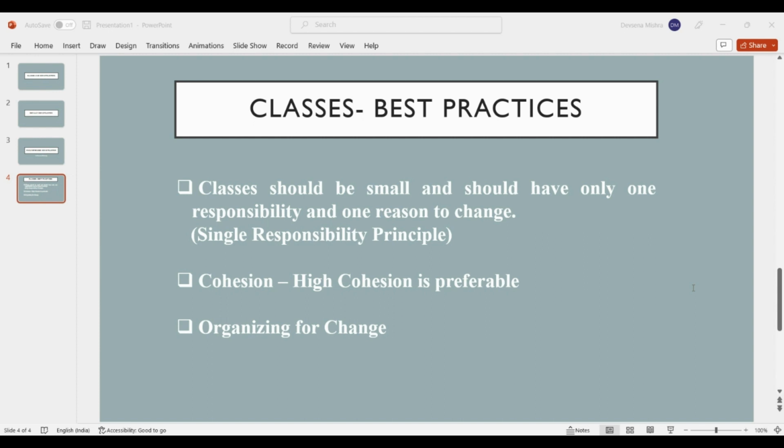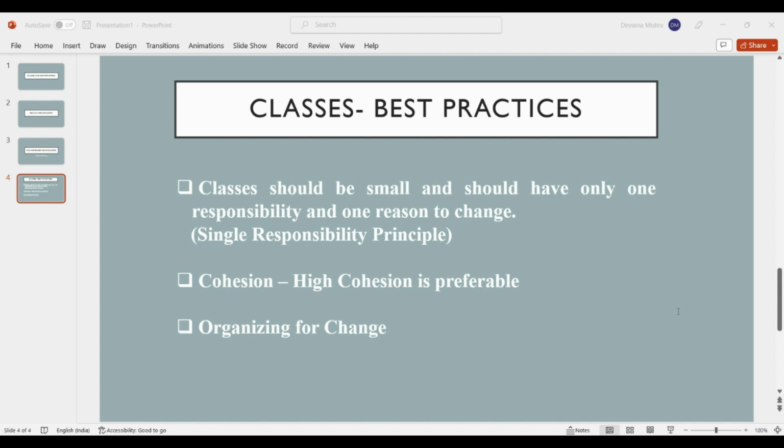If the methods of a class tend to be similar in many aspects, then the class is said to have high cohesion. So for high cohesion, the class should have a small number of instance variables. Each method of the class should manipulate one or more of those variables. The more variables a method manipulates, the more cohesive that method is to its class.